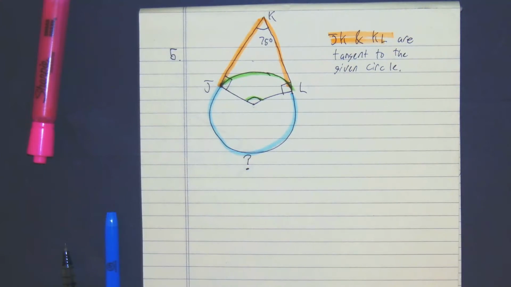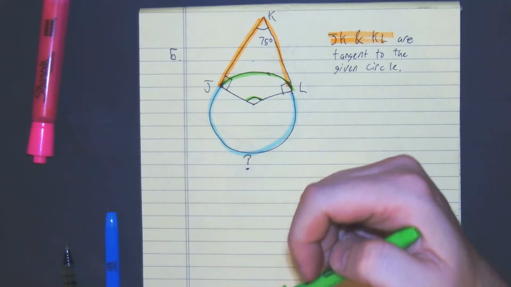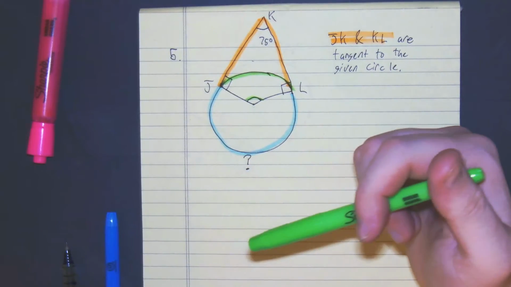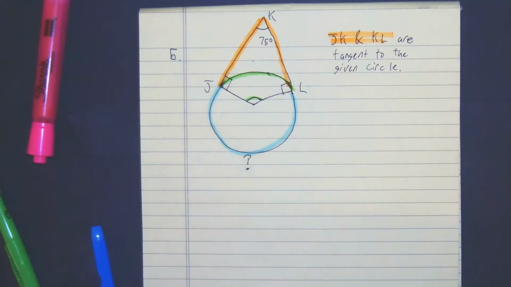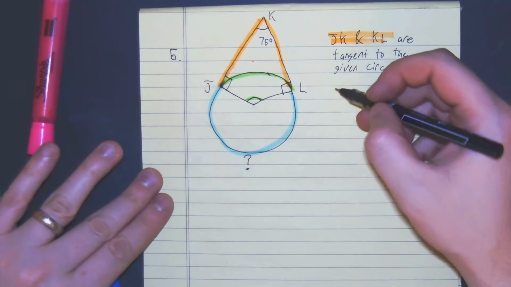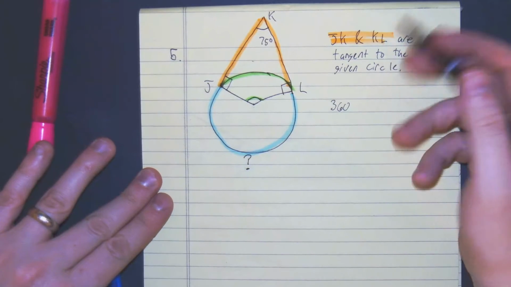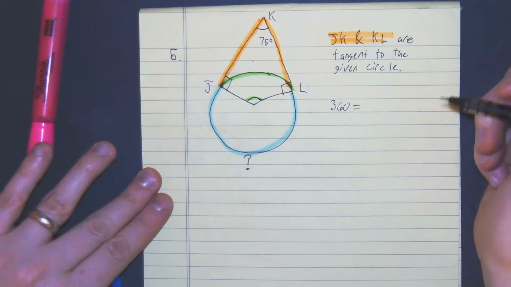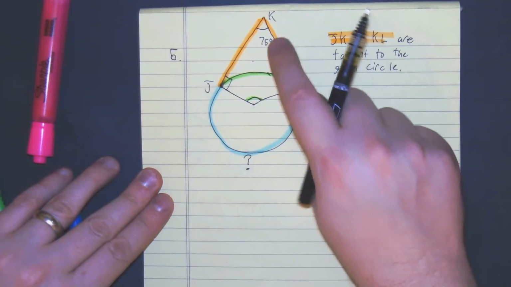We know that we have this kite. It looks like a kite. And so we have 3 of the 4 angles. A 4-sided figure has 360 degrees for the interior angles. Then we have 90, 90, and 75.